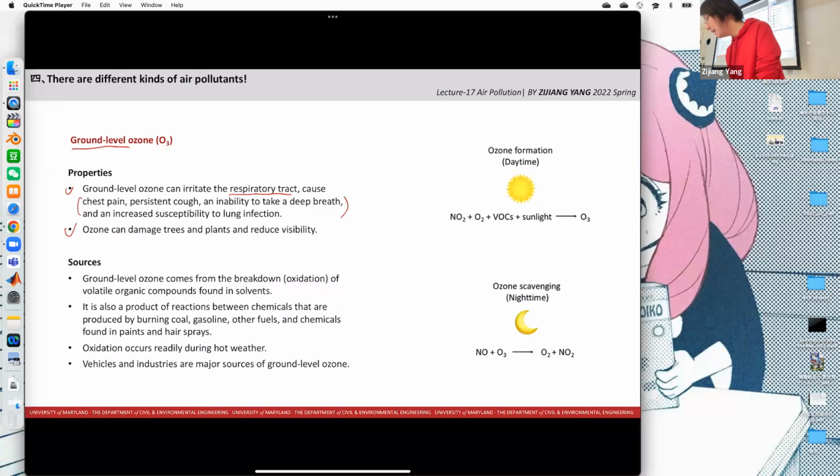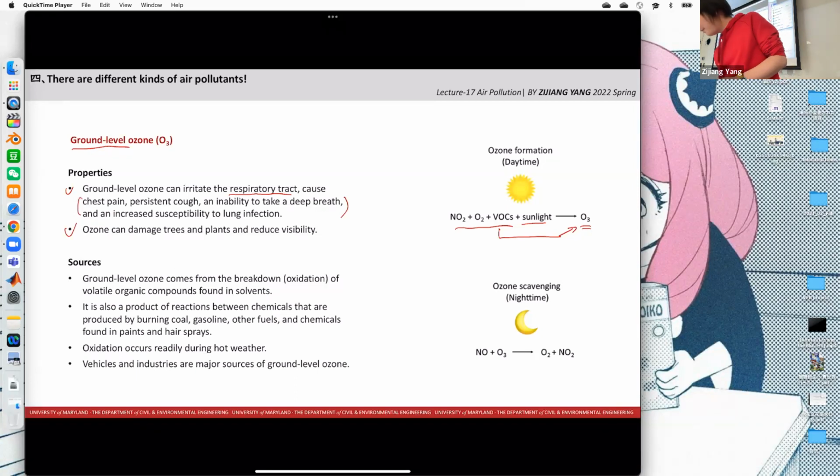In the atmosphere, ozone may form from nitrogen dioxide and volatile organic compounds under sunlight. The sunlight can break down these volatile organic compounds into different radicals, and these radicals can combine with this stuff to form ozone.